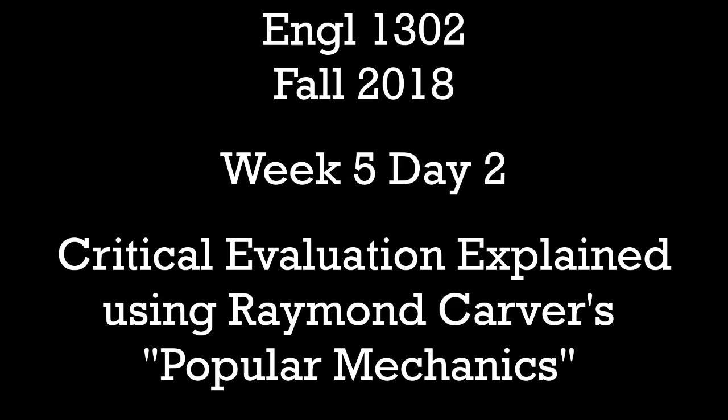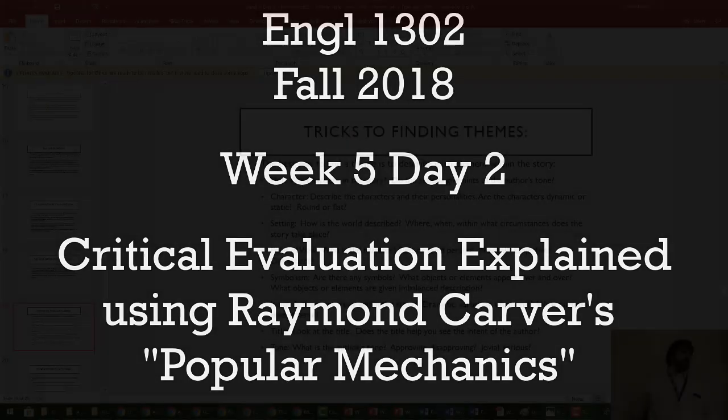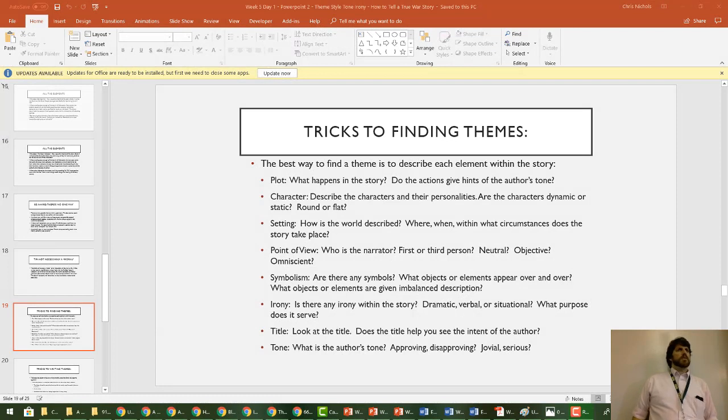Okay. We're going to continue what we did last time with the story. We read the little short story, Popular Mechanics, very, very short. We started talking about the elements of that story, and we got down to just about everything. And then we'll move on to talk about critical evaluation shortly after this.